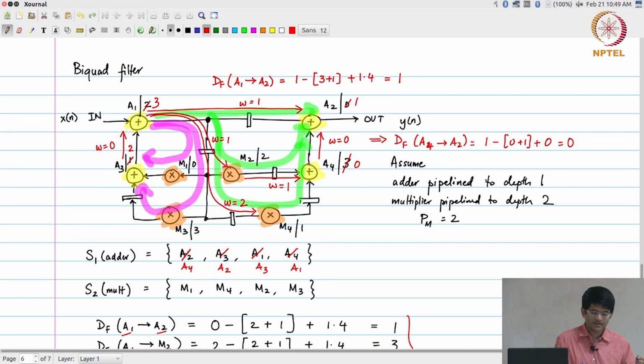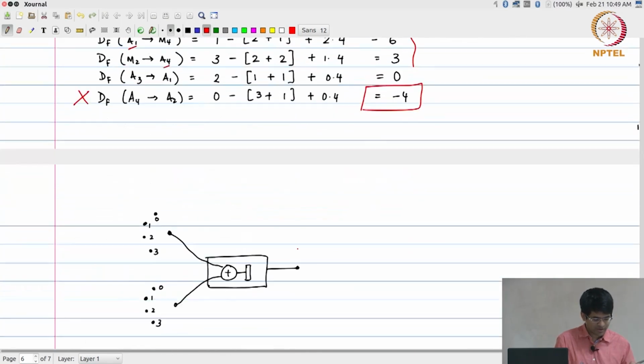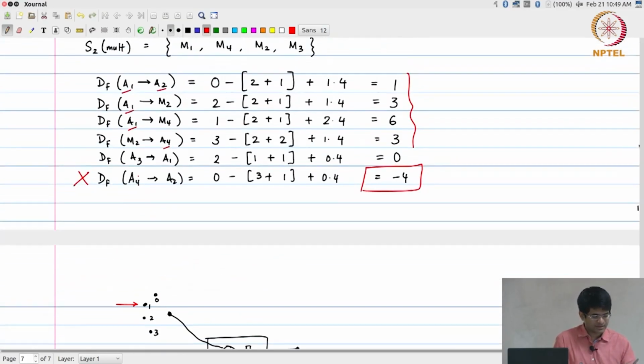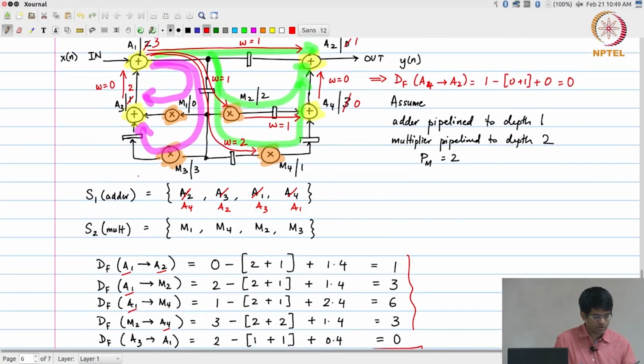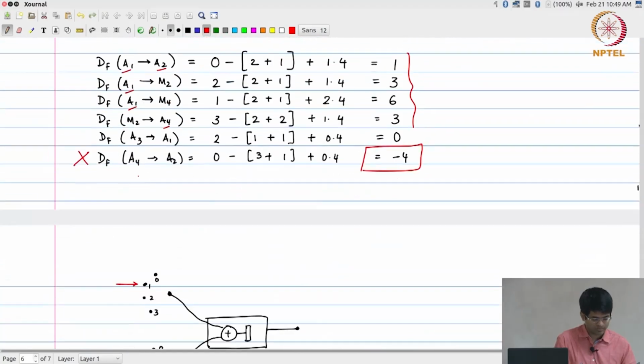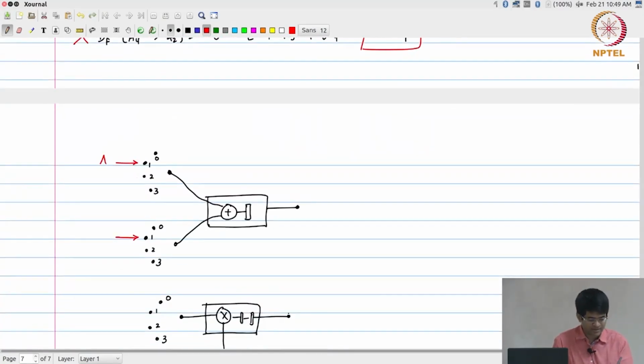If I have this structure, then essentially what I am going to say is, going down to my next diagram, at time instant 1, what are the two inputs that I should have coming into my adder, right. I am going to say that the top one corresponds to the output from A1 and the bottom one corresponds to A4. I am just arbitrarily making that choice. Where does that actually physically come from?